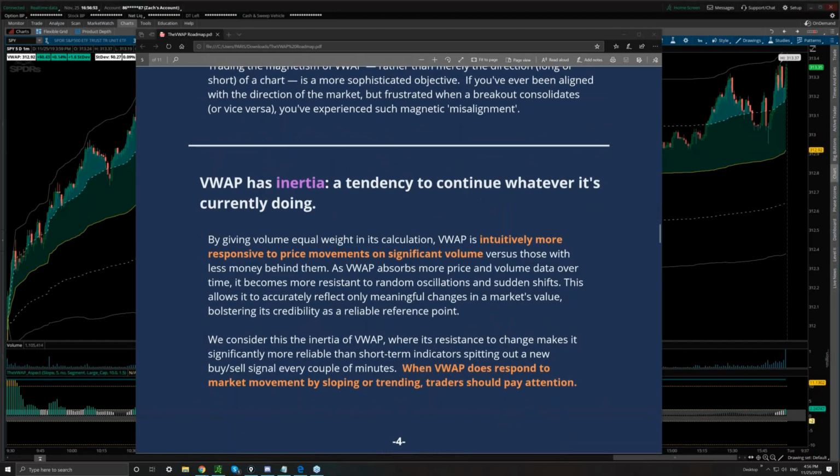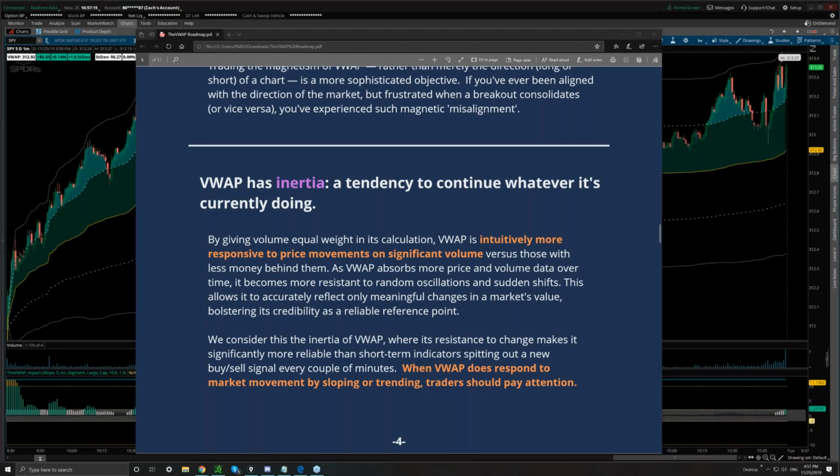And then finally, VWAP has inertia about it. So momentum, or a tendency to keep doing whatever it's doing, whether remaining stable and flat or sloping. When you think about it, this is another major separation between VWAP and common moving averages.